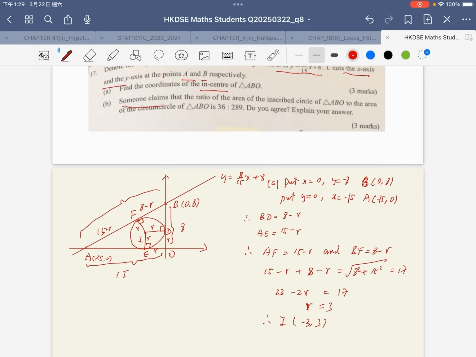And now someone claims to find the ratio of the area of the incircle, this one, and of triangle AOB, and the circumcircle, this one. Okay, this includes one more center. This is the circumcenter or circumcircle.